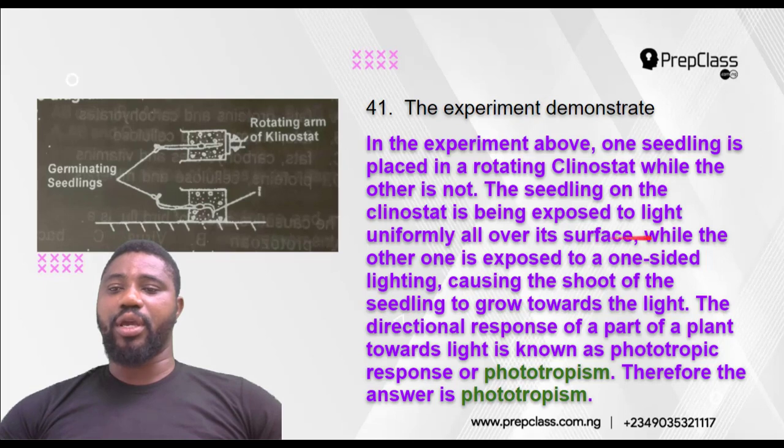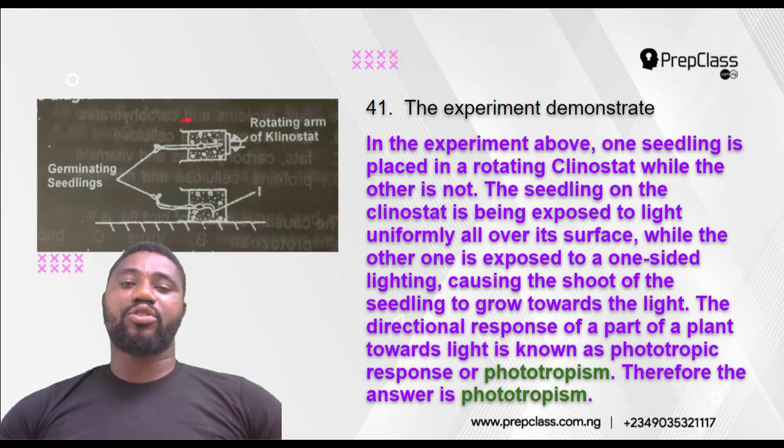Are you following? The other one is exposed to one-sided lighting, causing the shoot of the seedling to go towards the light. So all the sides of this seedling's shoot are exposed to light, but this one is not placed on anything rotating, so only this side is exposed to light, causing that side to grow towards light.